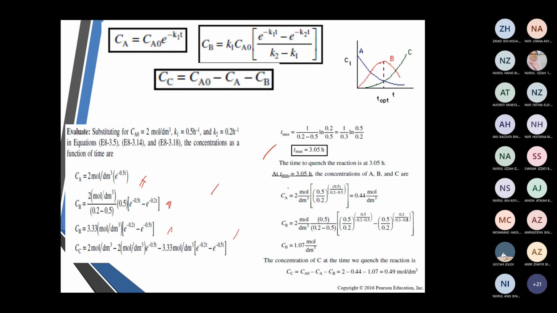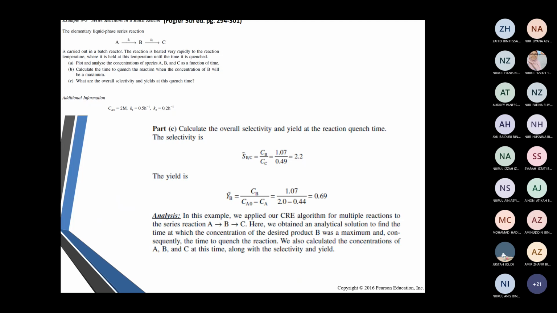Okay, and then masukkan balik lah nilai setiap ni, kalau you masukkan T optimum, you akan dapat setiap value. Alright, untuk CA, CB, CC. Okay, masukkan just value dia ni je. Okay, so CC ni adalah CA0 minus CA minus CB. So you dapatlah value of CA, CB dengan CC. Okay, guna T optimum.